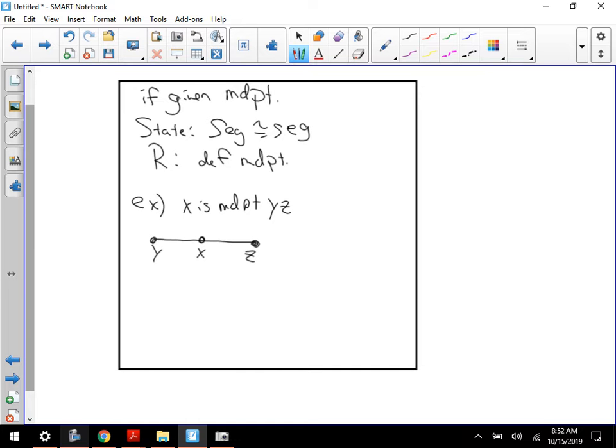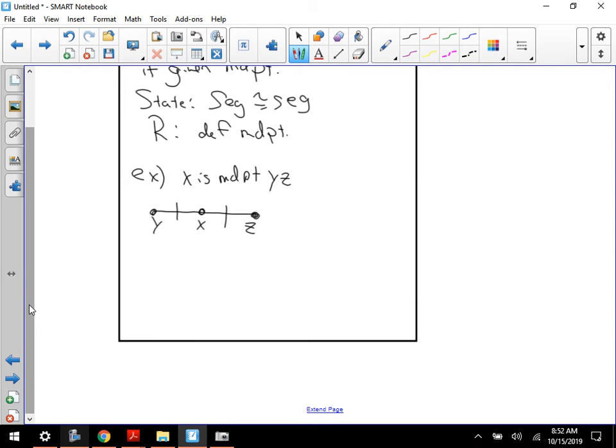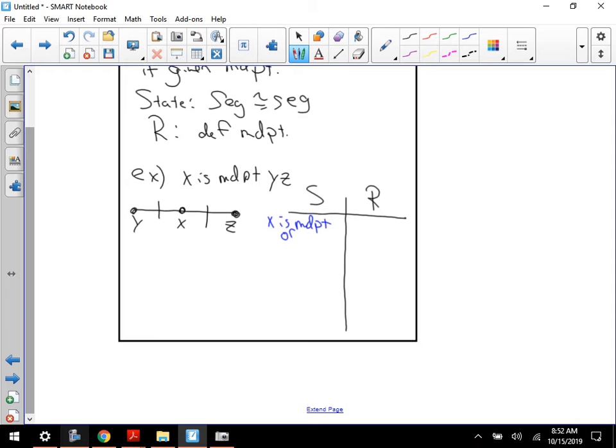YX and XZ. So that means I know that those two segments have to be congruent. So what I do then is I make my little example of what it would look like. X is midpoint of YZ. This was given.